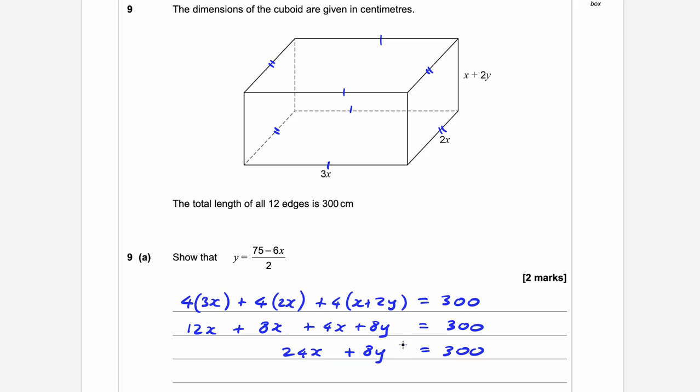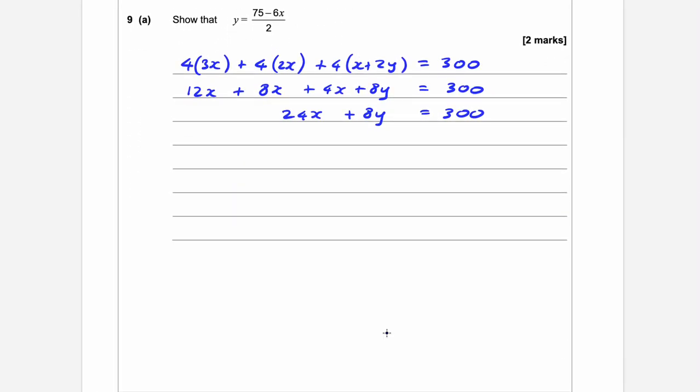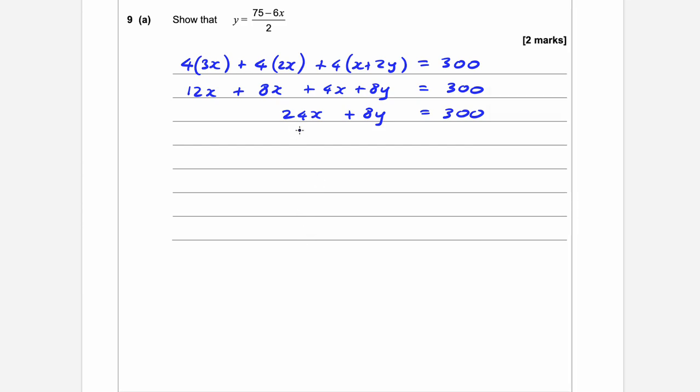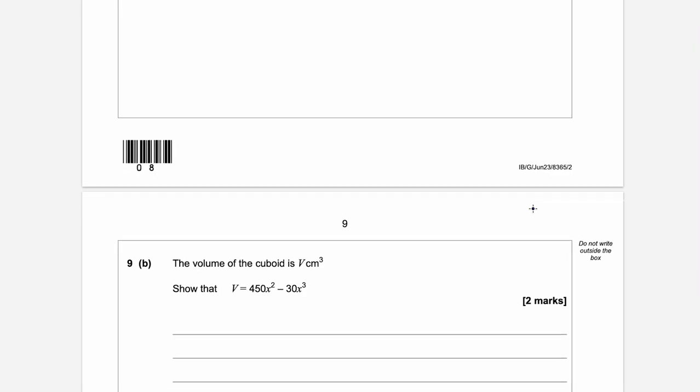I think, guys, we can divide by probably 4. 300 divided by 4 is 75. Okay, divide everything by 4. We get 6x plus 2y equals 75. These numbers are looking good. 2y equals 75 minus 6x. Subtract this 6x. And then y is equal to 75 minus 6x all over 2. Okay, that is question 9.